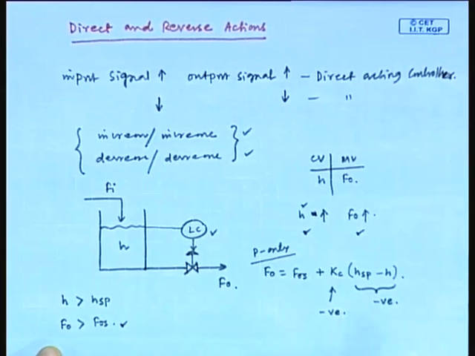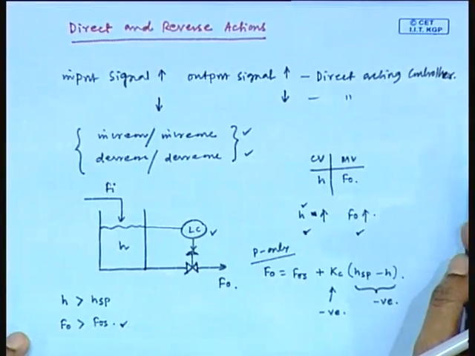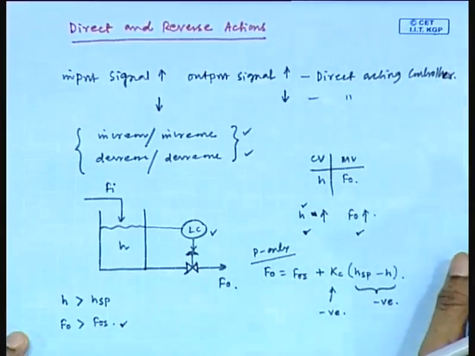So, we should remember that for a direct acting controller, the controller gain is negative. This is the most important feature of a direct acting controller. For a direct acting controller, the controller gain should be negative.